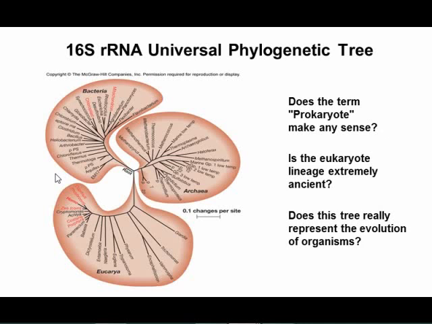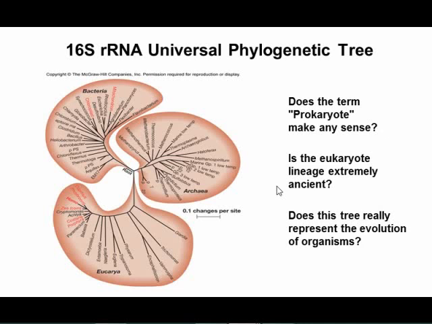And if all the groups are evolving at a constant rate, then these branch lengths should be correlated with time. So the branch lengths within bacteria are all pretty short. Within archaea, they're all pretty short. Within eukaryotes, they're all quite long. So that seems to indicate that this event, the origin of eukaryotes, is really very ancient. But there's no fossil evidence to support this claim. So this is a problem with this tree.